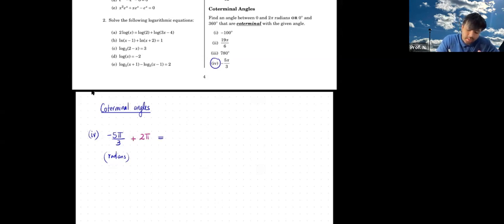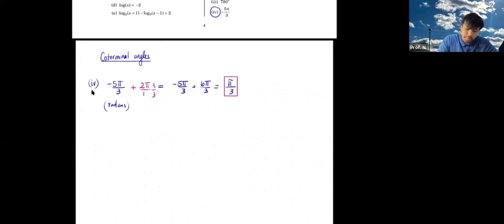So if I add this, how do you add two fractions? Because you can write this as a fraction, I must have the same denominator. So this must mean that I must add 6 pi over 3. Same denominator is 3. Negative 5 pi plus 6 pi is 1 pi. So pi over 3 is a coterminal angle to negative 5 pi over 3.